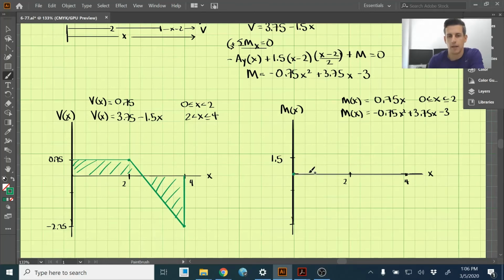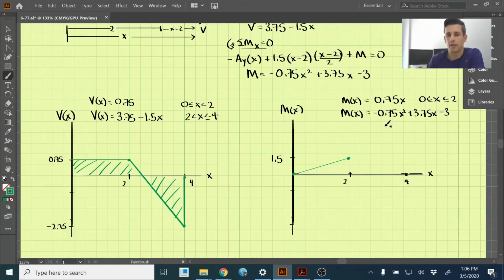And when x equals 2, we will have our moment equal to 1.5. So that's here. Now just connecting those with a line, right there. So that's 1.5 there.